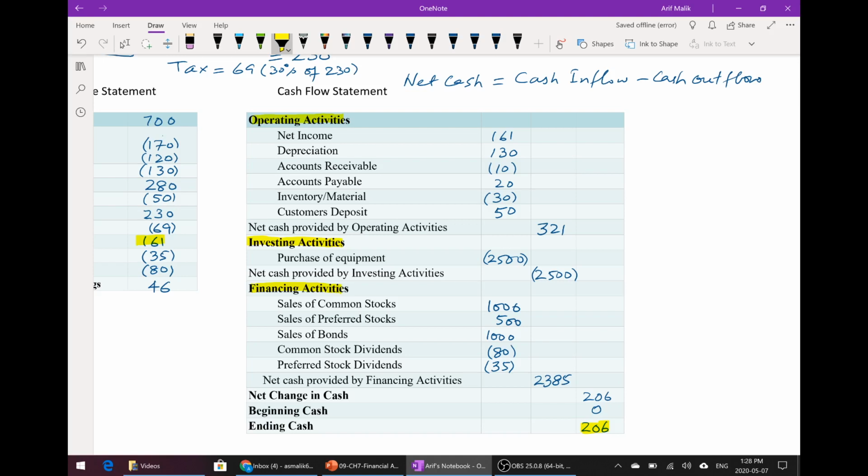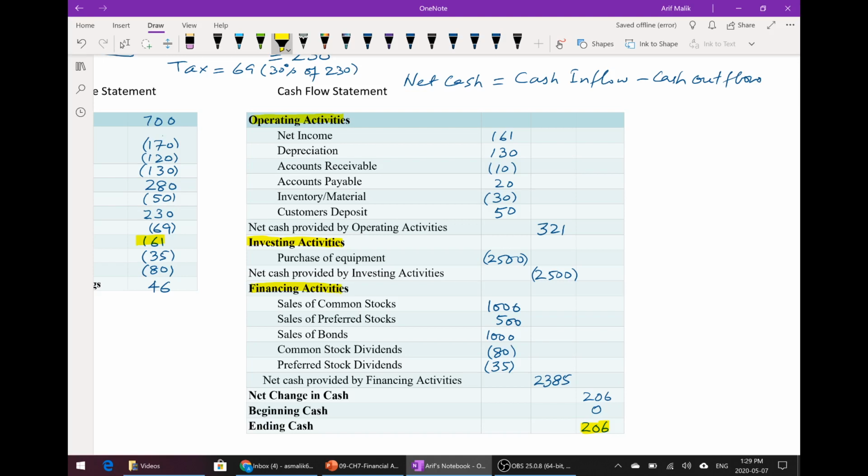It is not that in one year we show it under financing activities and another year under operating activities. If it is shown consistently, then it's fine. In the United States, the common practice is that common stock dividends and preferred stock dividends are shown under financing activities.